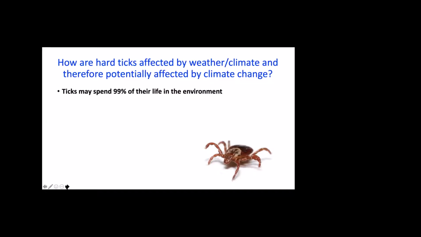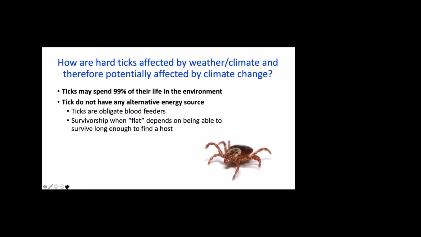We see them for maybe the few days that they're actually parasitic. And because of that, they are really affected by the environment, because first of all, they don't have any alternative energy source, all right? They are obligate feeders.